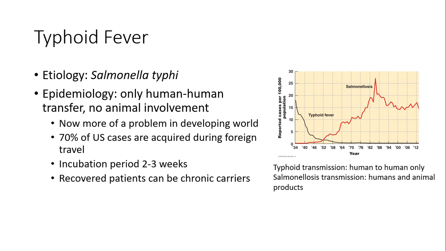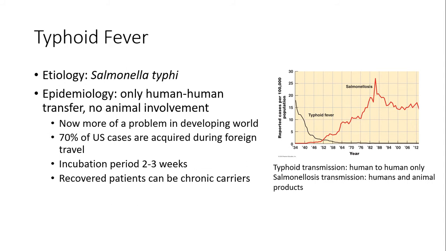About 70% of U.S. cases for that reason are acquired during foreign travel. And the incubation period for this can last as long as 2 to 3 weeks, and recovered patients can become chronic carriers. Now, Typhoid Mary Mallon was a chronic carrier as well, but based on her reporting, she never really had an acute version of the illness.